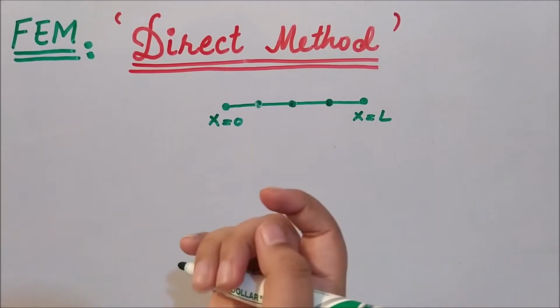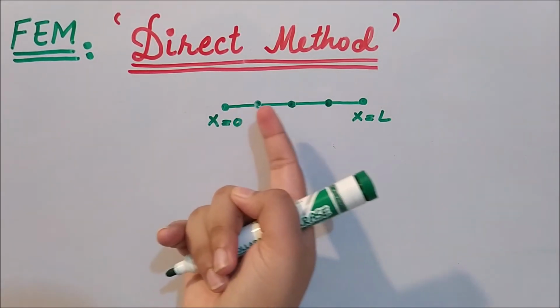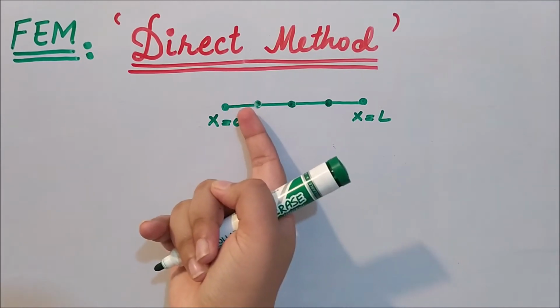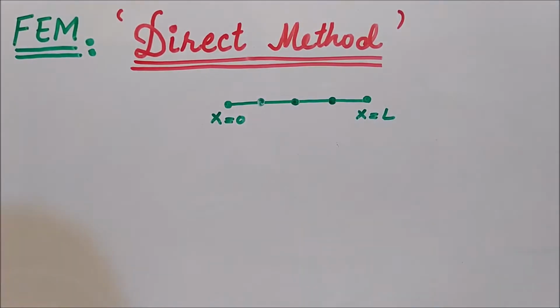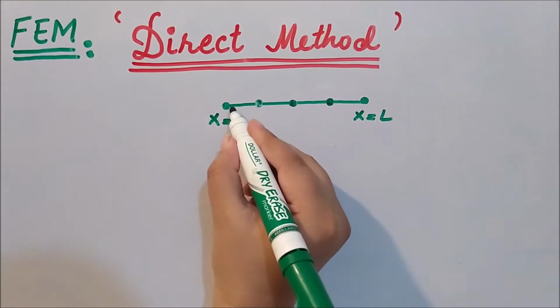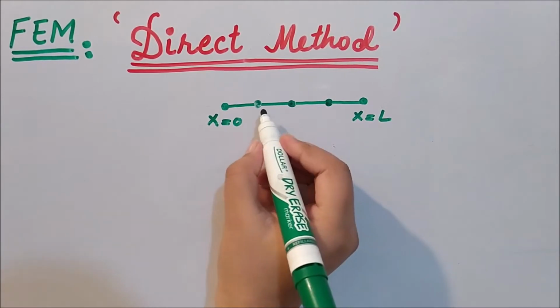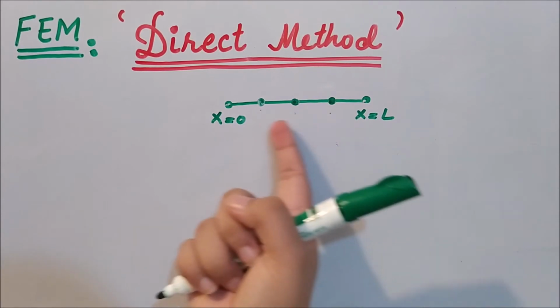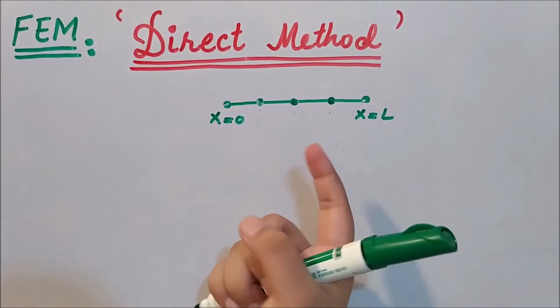And there is continuity in every element. If I'm moving from this element to this element, then there is no discontinuity. Here we need to know what a node is. The point on the boundary of the element is a node. So we have divided this whole element into sub-elements, and now we do not have only one element.